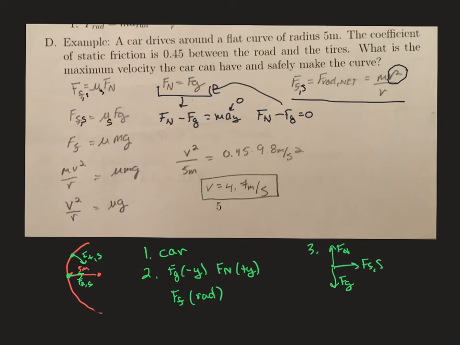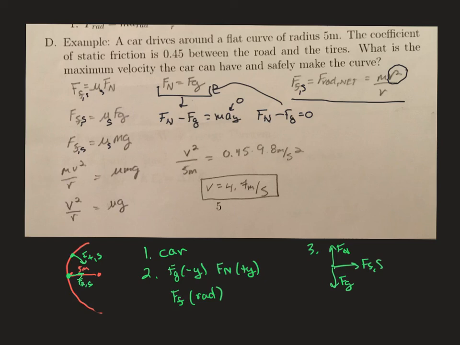And remember, the force due to gravity equals mass times the gravitational field strength, so I did that substitution. And from over here, we know that force in the radial direction equals mass times acceleration in the radial direction. And acceleration in the radial direction is velocity squared over the radius. So I've made that substitution over here.